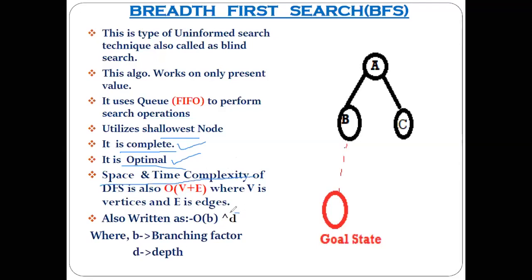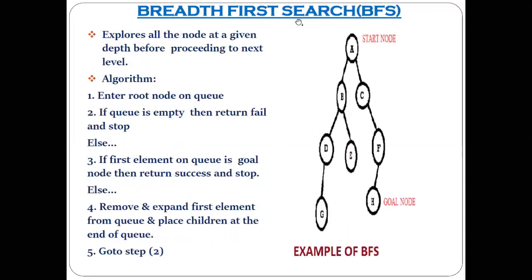The way of calculating it is the same. Space complexity and time complexity calculation, as I said, is big O of B raised to D, where B is the branching factor and D is the depth. So that part is the same. Now come to the next point, that is how actually this algorithm works.